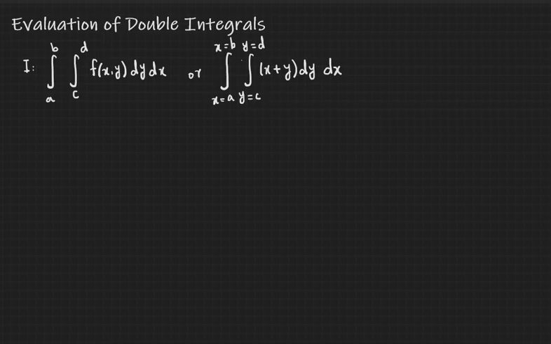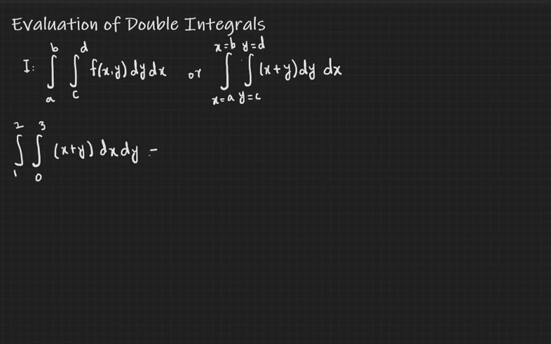For example, we want to solve the integration of the function x plus y with respect to x from 0 to 3, and then with respect to y from 1 to 2, right? It means that 0 and 3 are the limits of integration with respect to x, and 1 and 2 are the limits of integration with respect to y.